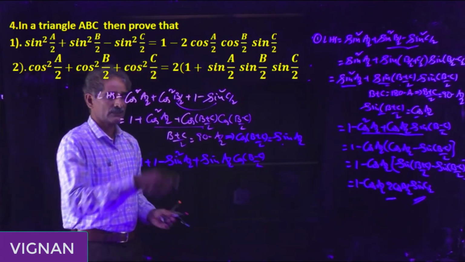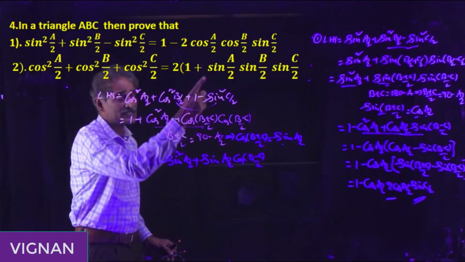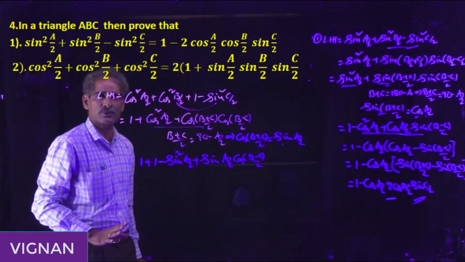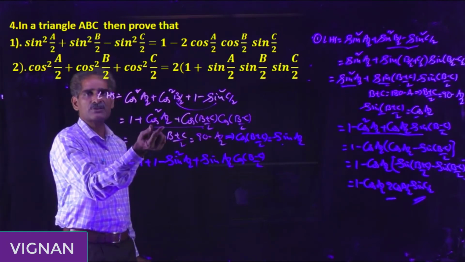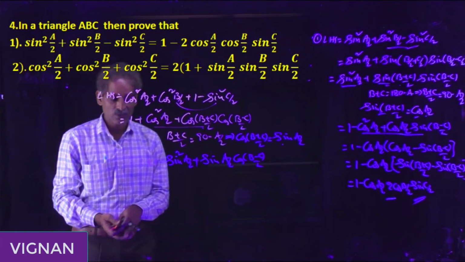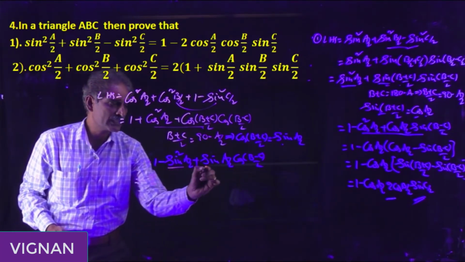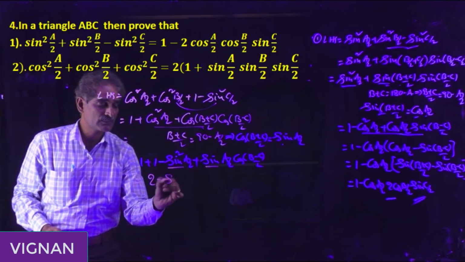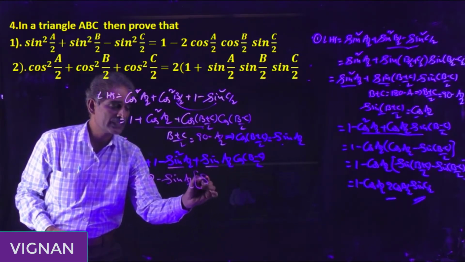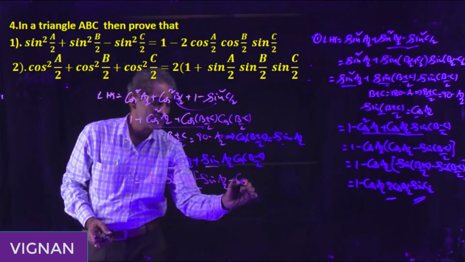So here we are getting sin A by 2. But here there is cos square A by 2, so write it in terms of sin. Now 1 plus 1 is 2. Now take minus sin A by 2 common, then we will get sin A by 2 minus cos (B minus C)/2.